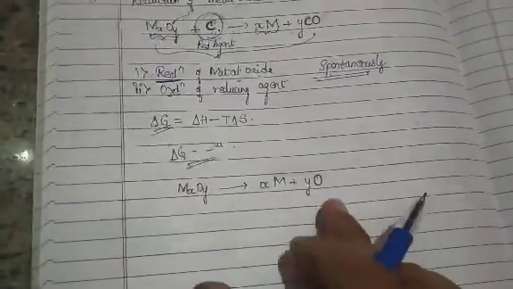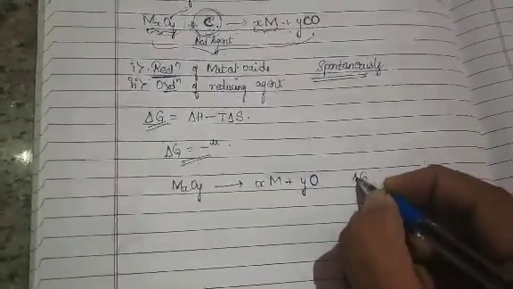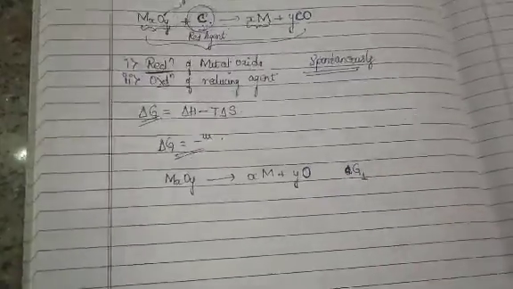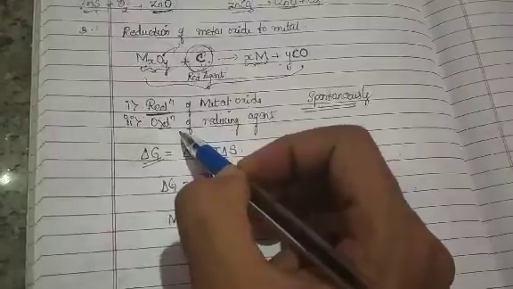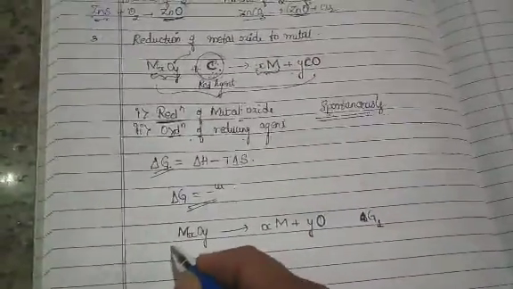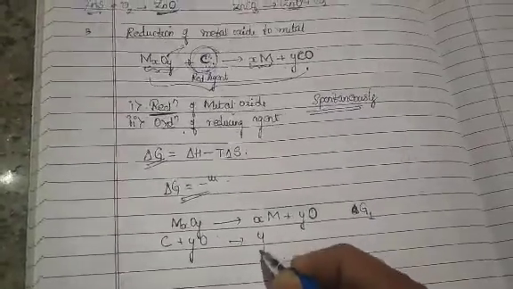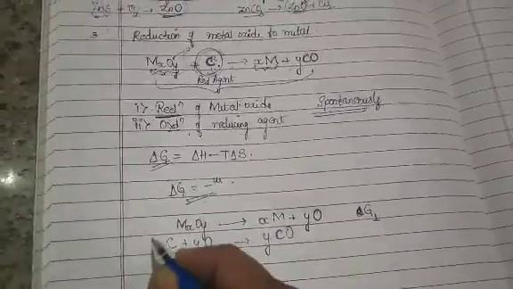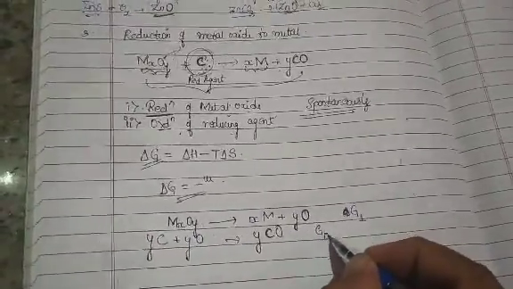For this reaction, let me say the Gibbs free energy is G1. The next reaction is C plus yO giving yCO. If I choose, of course, here also y. So this will be your G2.